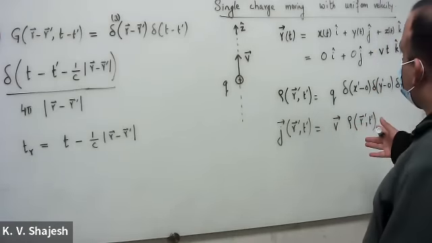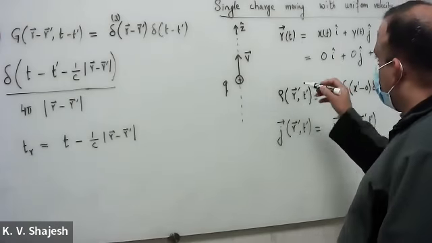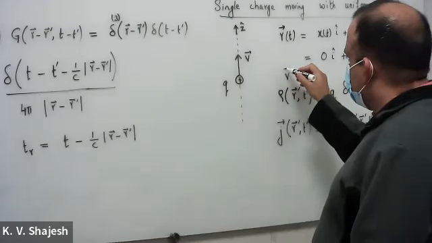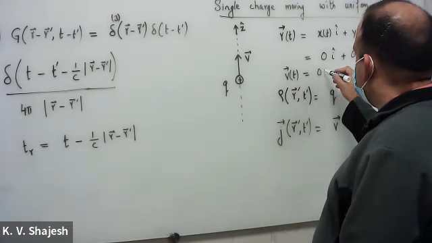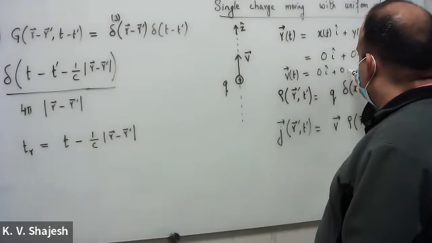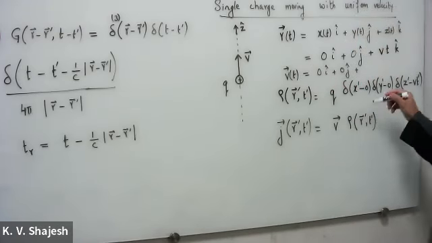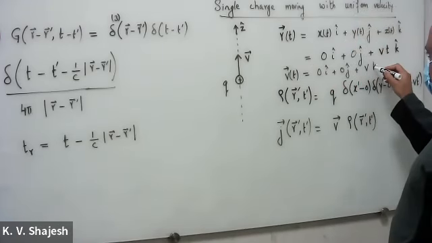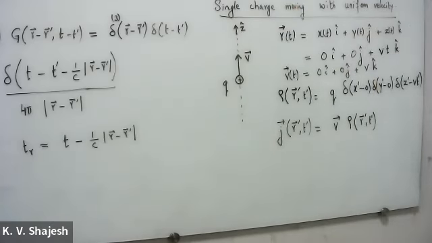But what is v? So I had to take the derivative, right? So velocity as a function of time is equal to 0i plus 0j plus, when I take the time derivative, it's simply v times k. It's clear? It is moving in the z direction.